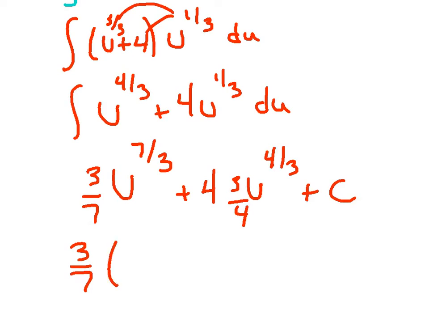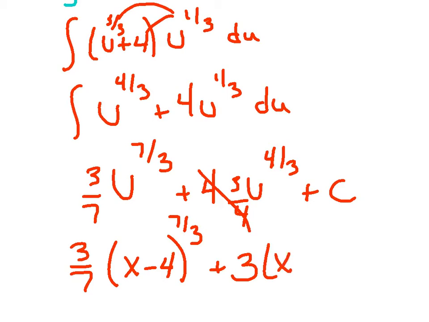My original u was x minus 4 to the 7/3. These 4's cancel. Plus 3, x minus 4 to the 4/3 plus c. And there you have it. That's kind of our tricky u substitution, where we do that double substitution. So if you didn't quite catch on, go ahead, pause it, replay it, and try it again.